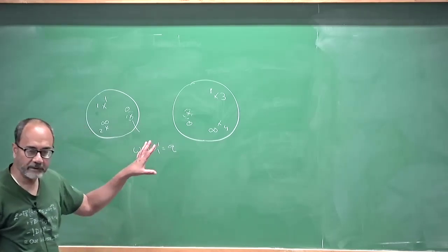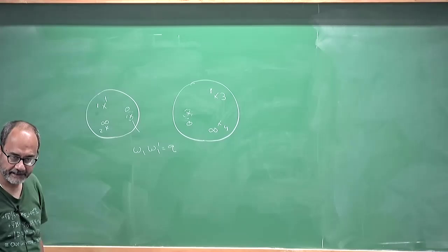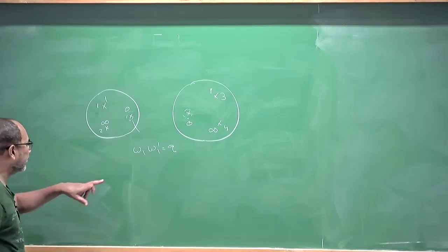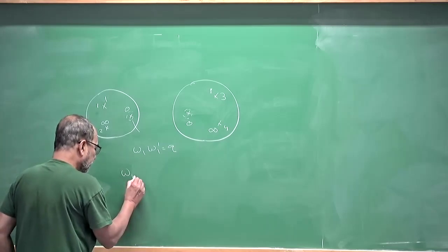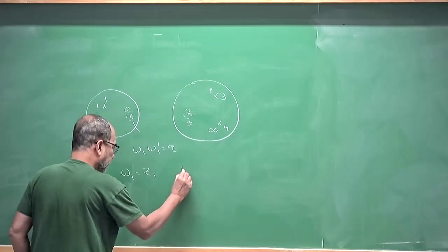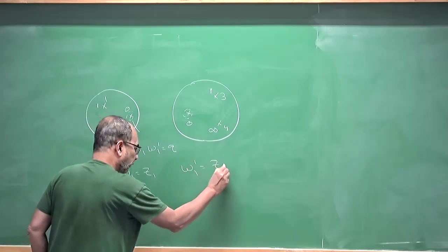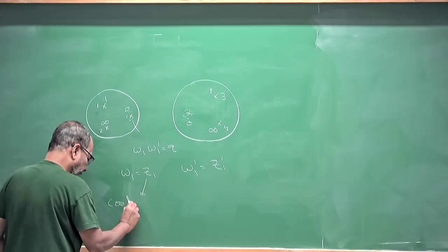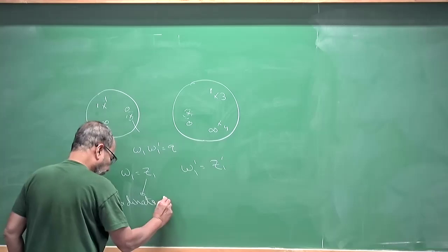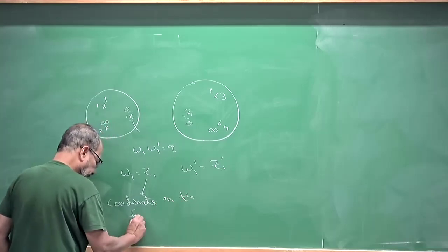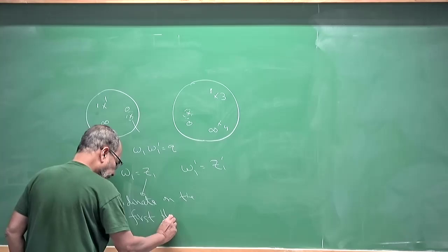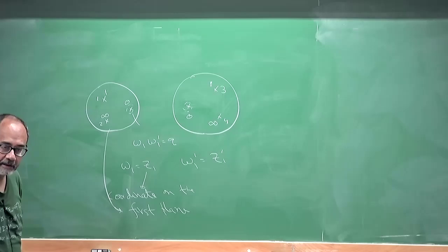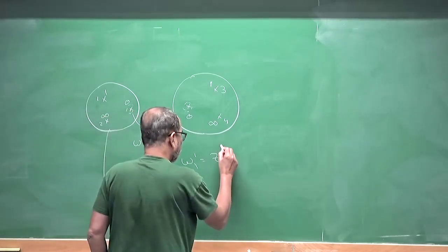Okay. So let us see how Q relates to what we normally understand, that is, the positions of the punctures. In this case, let's take W1 to be Z1 and W1 prime to be Z1 prime, where Z1 is the coordinate on the first plane. Sphere and plane are the same, right? So I think of this as a coordinate on the first plane and this Z1 prime as a coordinate on the second plane.